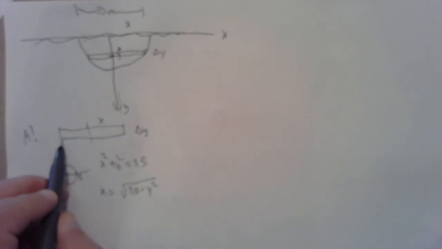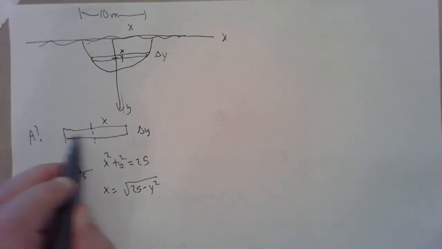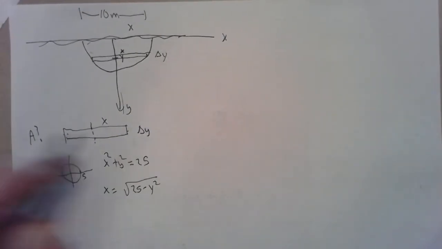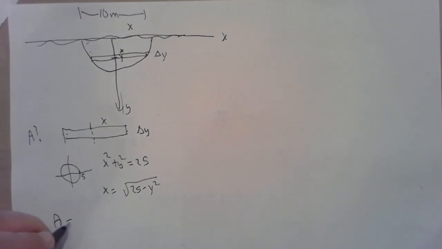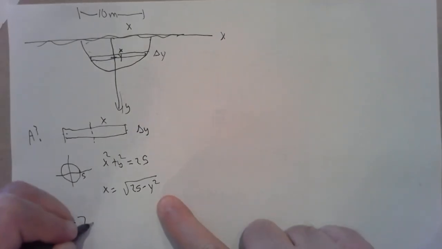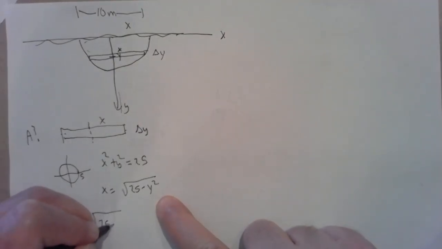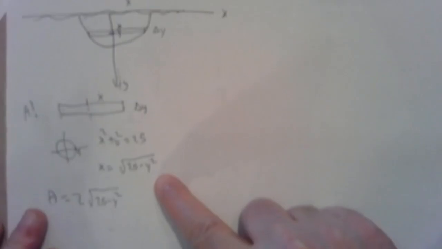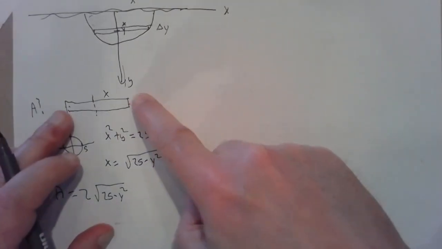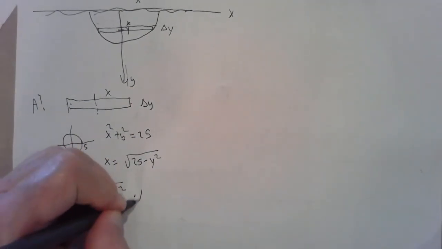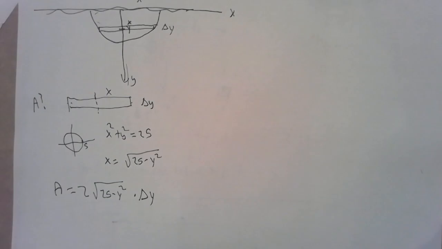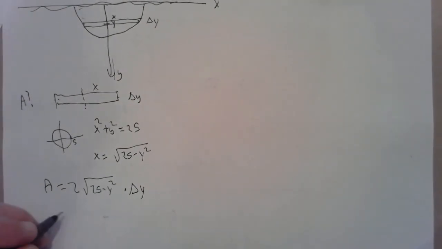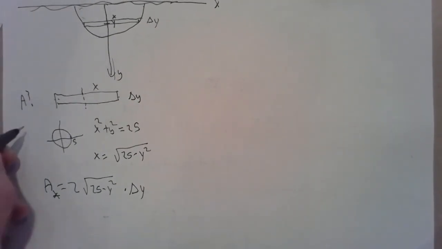But this little rectangle here is 2x wide. So the area will be twice x times, remember, area is length times width, so times delta y. And then force, that's area down here at y star.